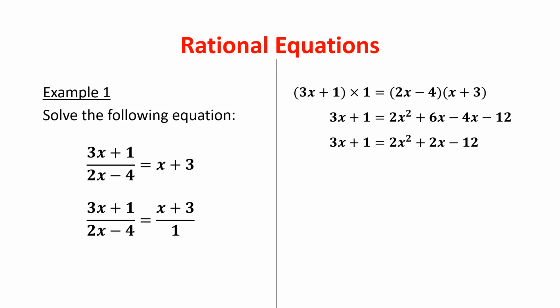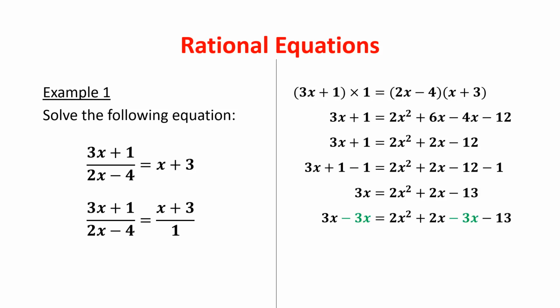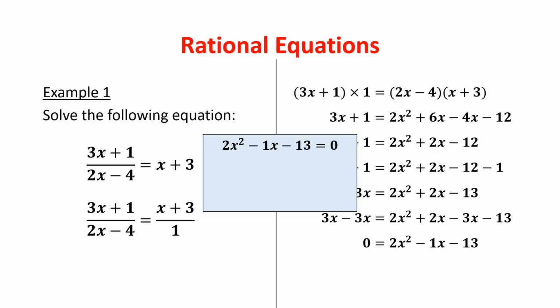It doesn't matter which side you move around, but I'm going to subtract 1 off each side to get rid of the plus 1 on the left, and then subtract 3x off both sides to get rid of my 3x on the left. That gives me 0 on the left, equal to 2x² - x - 13. I like to put it the other way around: 2x² - x - 13 = 0. That's the way I prefer.